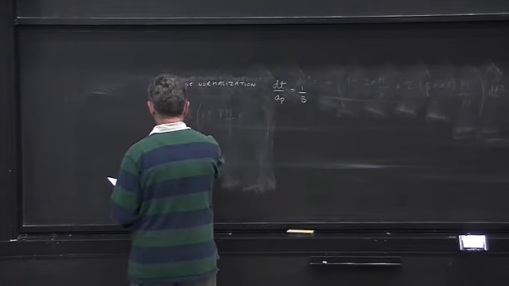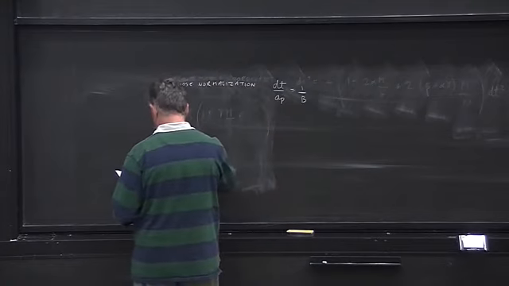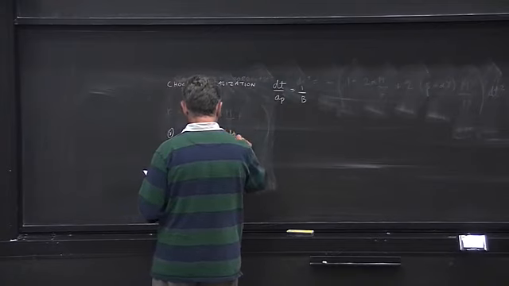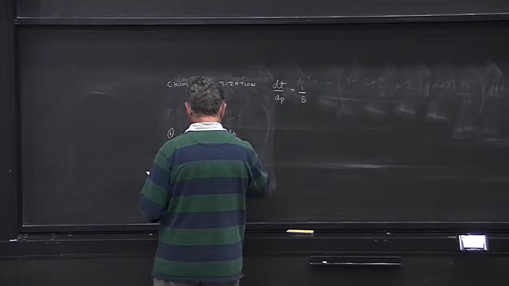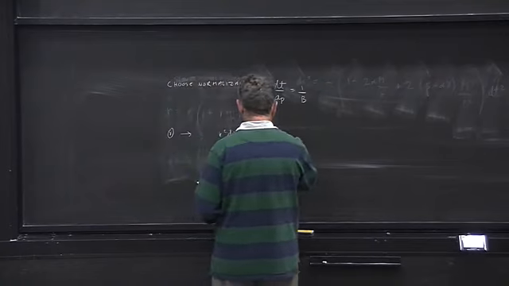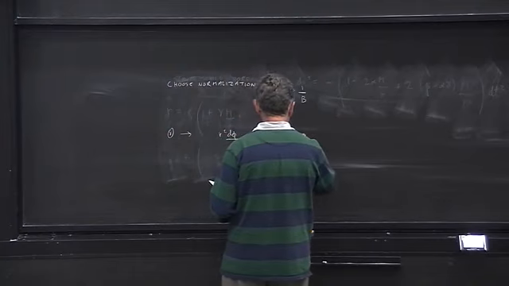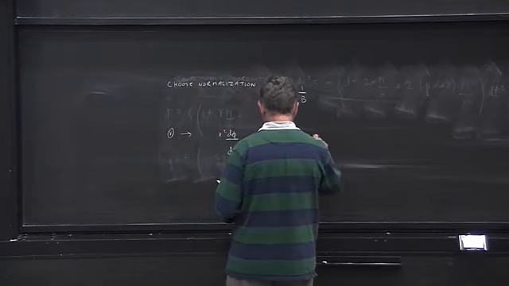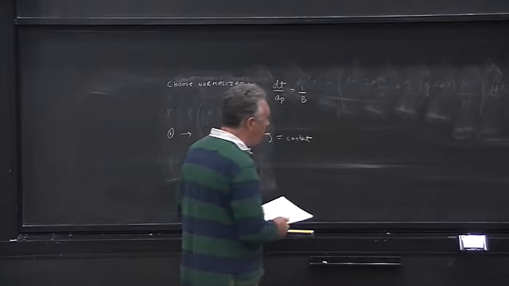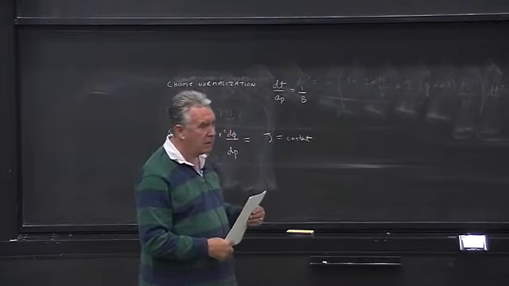And then 8 becomes r squared d phi dp equals a constant, which we call j, and which will have the interpretation of angular momentum.